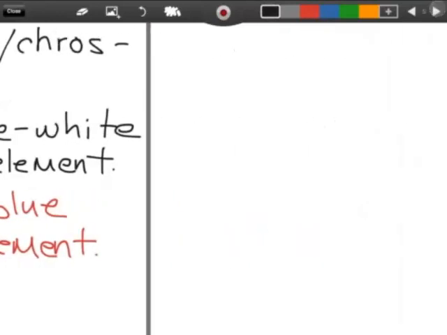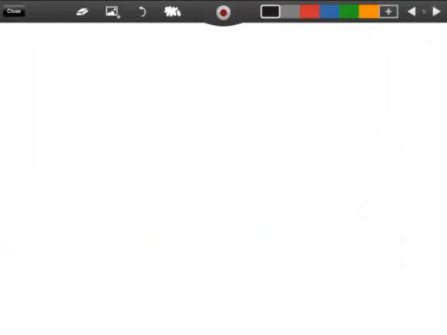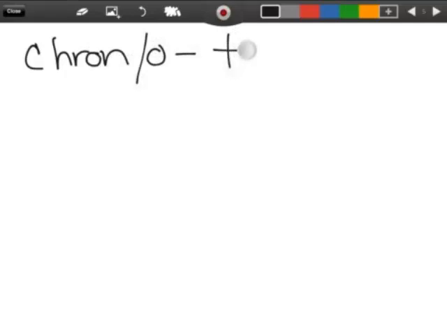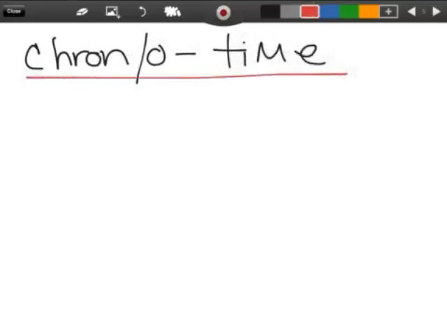Moving on to our next root. This is also commonly used, chrono, meaning time. I'm going to go ahead and underline this since it is commonly used.